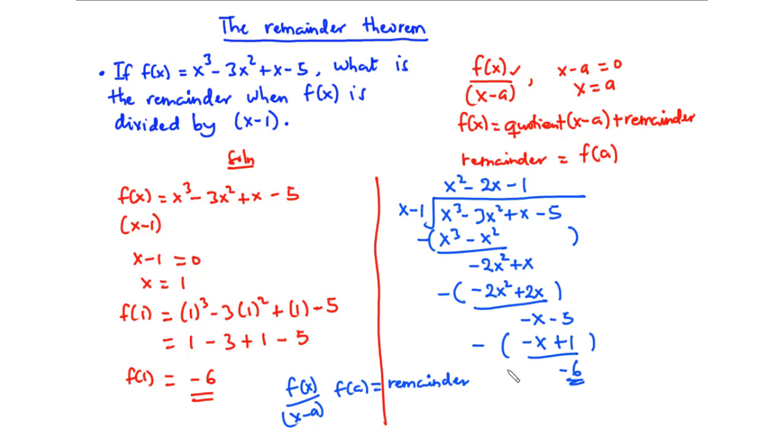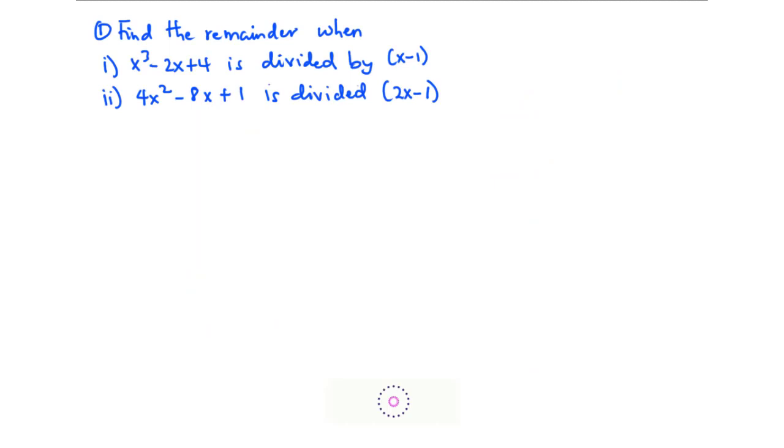Now let's solve some more examples on this same concept. Let's try this example. Find the remainder when (i) x cubed minus 2x plus 4 is divided by x minus 1, and (ii) 4x squared minus 8x plus 1 is divided by 2x minus 1. We are going to use the same principle.